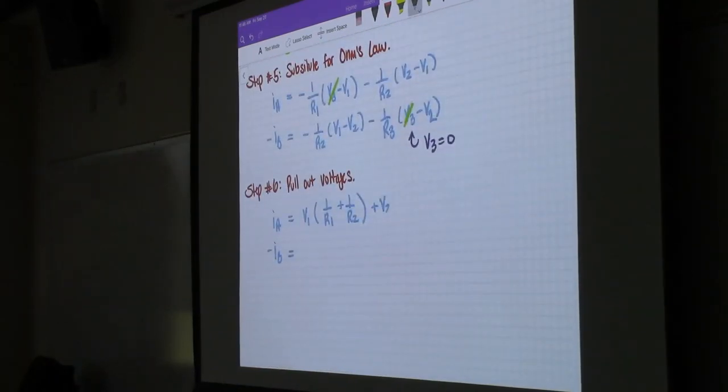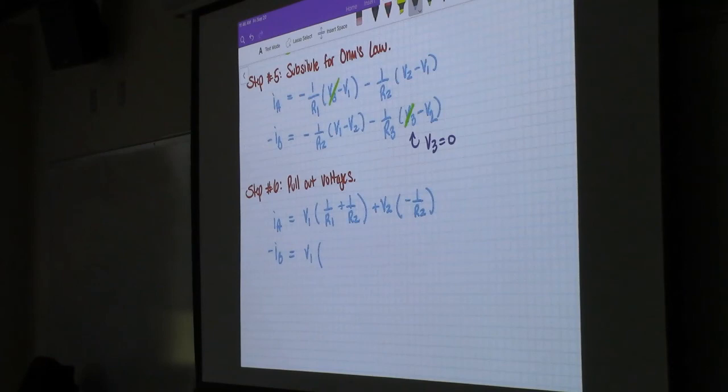Okay, then V2 will be equal to negative R1 over R2. Down here we'll have V1, and that will have negative 1 over R2. And then we'll be left with V3, which will be 1 over R2 plus 1 over R3.